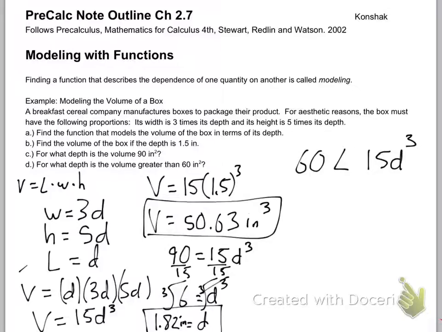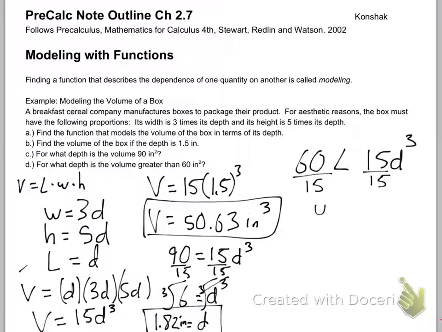The biggest thing I need to realize with an inequality is that if I multiply or divide by a negative, I have to do what? Flip the inequality sign. I don't have to deal with that right here.